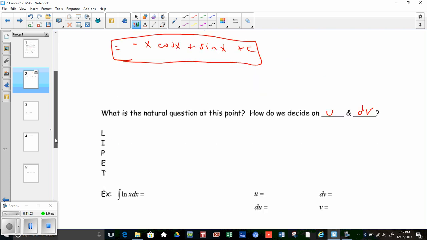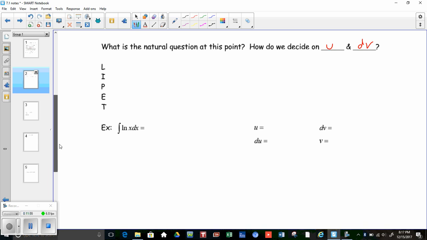Well, there's a little acronym that, this is the way I learned it growing up. I've seen some other forms of this, but it all has exactly the same basic order. This acronym right here tells you what you're going to select for u.